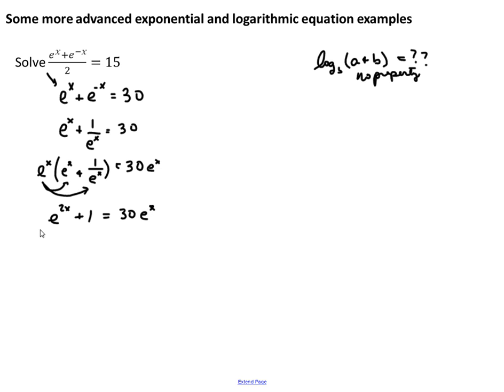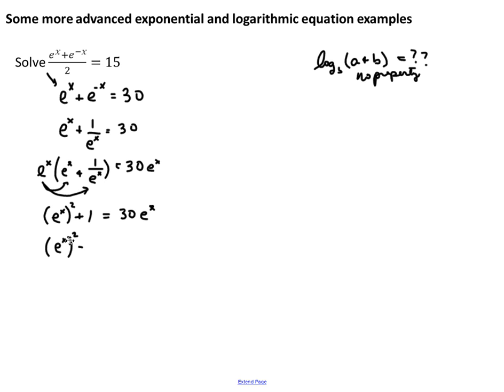You know, I'm looking at this first term right here, and I think a lot of people get confused about that one. So I'm going to rewrite it in a way that's a little bit more useful to me. What did we really do? When we said e to the x times e to the x, we were squaring e to the x. And so now you think to yourself, oh, wait a minute, this looks like a quadratic form equation. And in fact, that would be right, because if we set this whole equation equal to 0 by subtracting 30 e to the x from both sides, look at what happens.